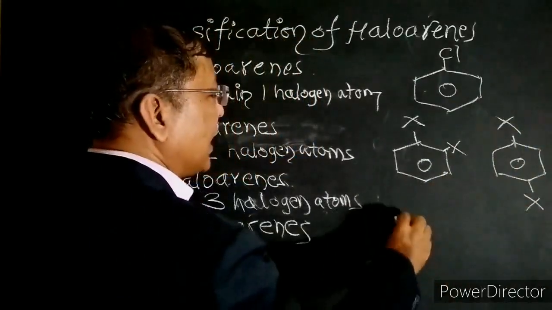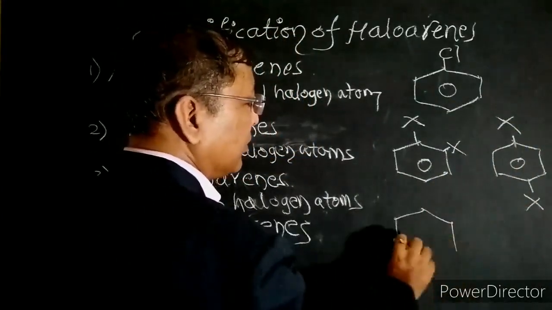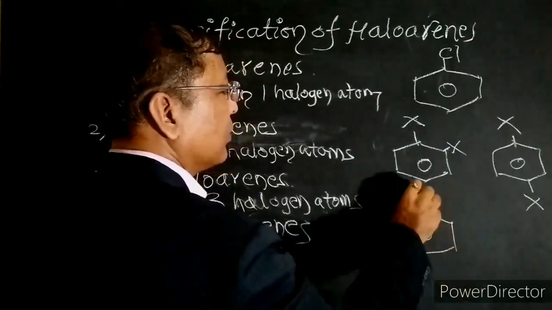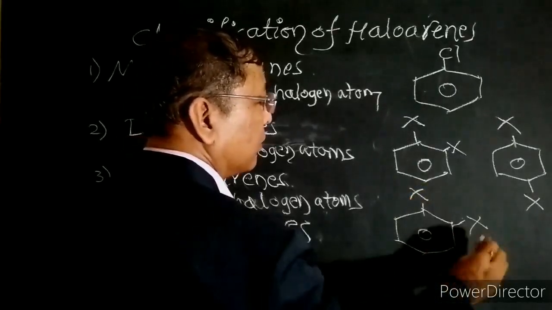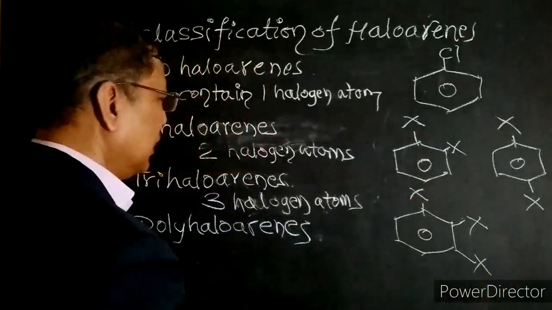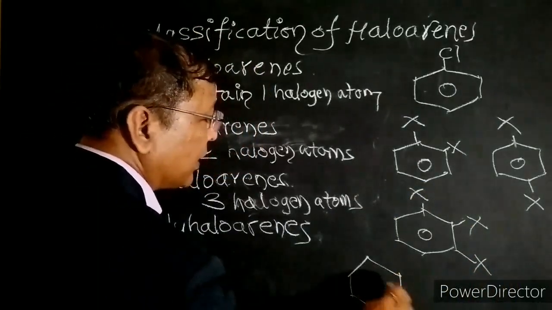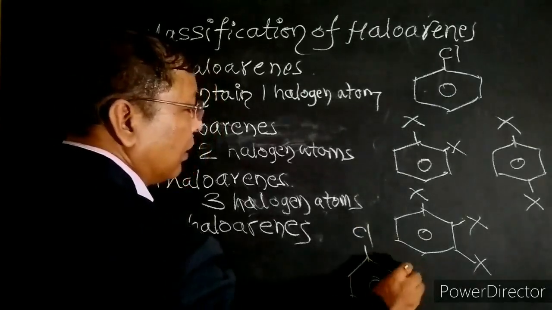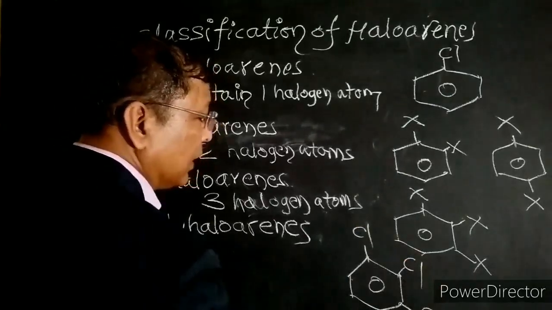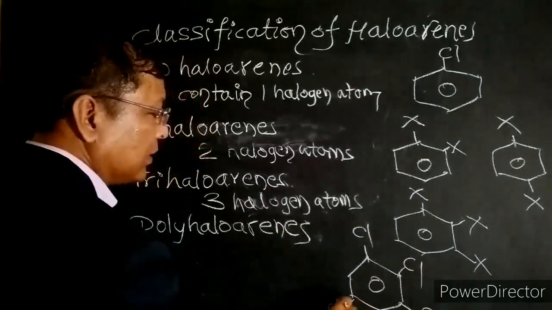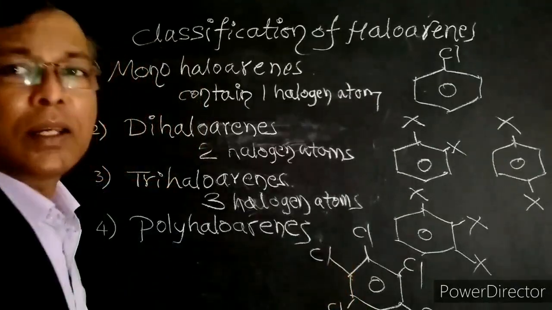Then trihaloarenes contain three halogen atoms, say here and here. And polyhaloarenes contain more than three halogen atoms. We have already seen BHC, benzene hexachloride. It is a polyhaloarene.